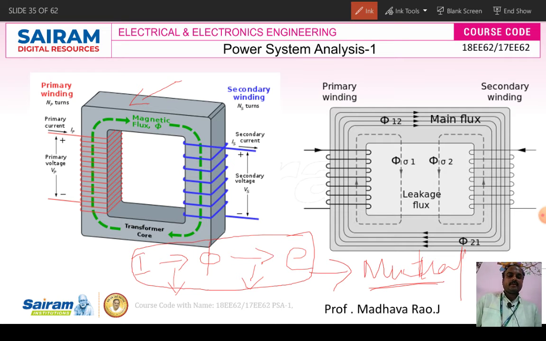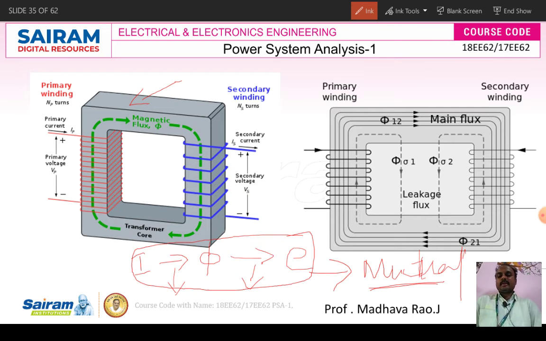Okay. So in the second diagram we can show how the magnetic flux links the primary winding and secondary winding, right? So here, according to the number of turns in the primary winding and secondary winding, these transformers are classified into two types, step up and step down transformer.